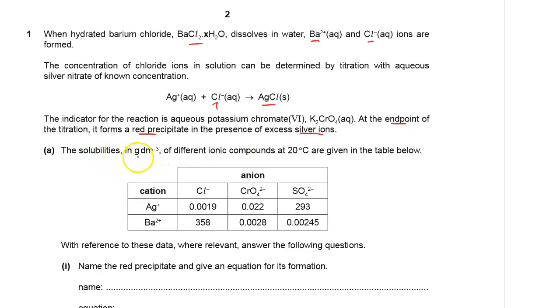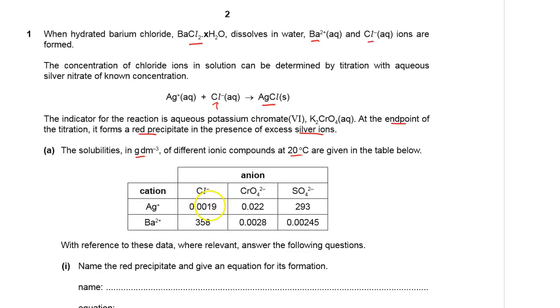Solubilities in grams per liter of different ionic compounds at 20 degrees Celsius are given in the table below. Of course, these are the cations, silver and barium. These are the anions, chloride, chromate, and sulfate. You can see barium chloride is very soluble, and silver chloride is slightly soluble.